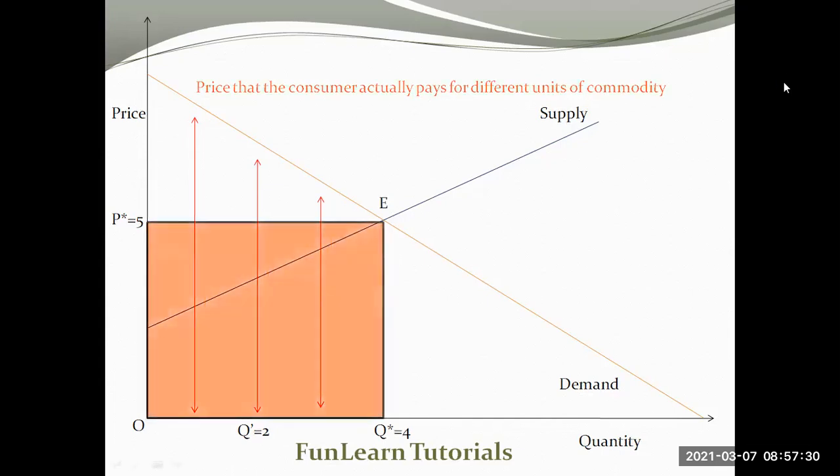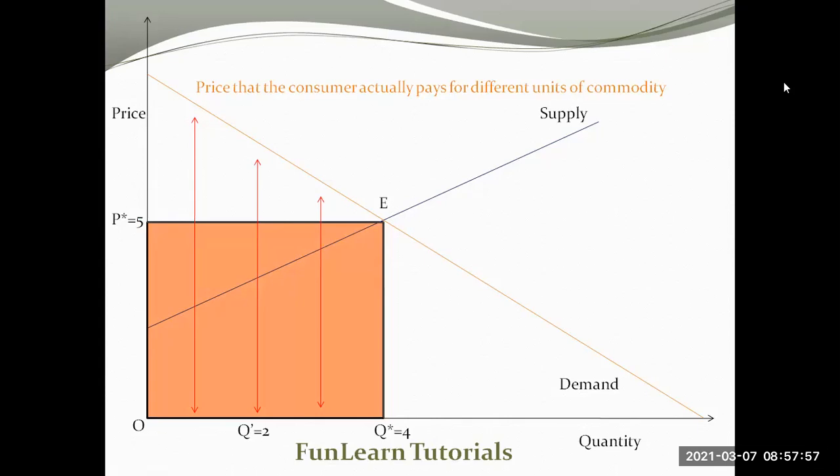What I've done is I have shaded the entire region to show the actual amount that the consumer ends up paying for different units of commodity. I could have done it for the other one, but I couldn't shade it in PowerPoint, so I had to just skip it, and I leave it up to your imagination. So the rectangle P star E Q star O essentially is the amount that the consumer spends to procure OQ star amount of commodity.